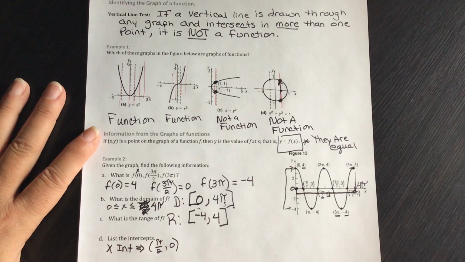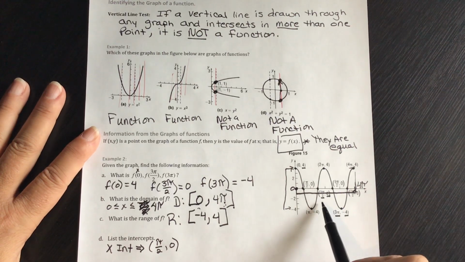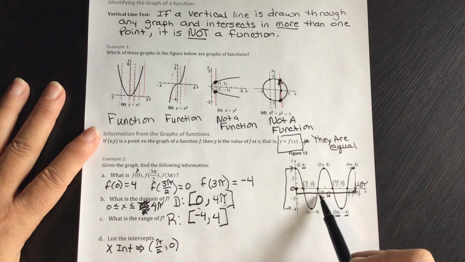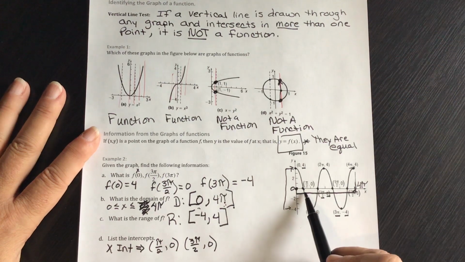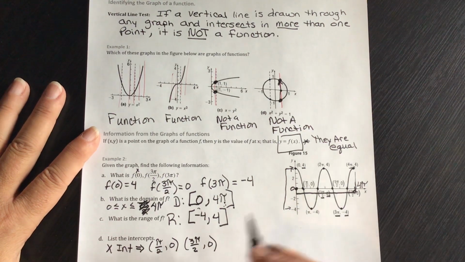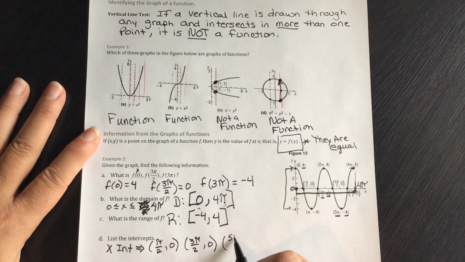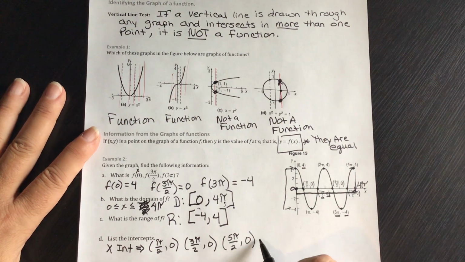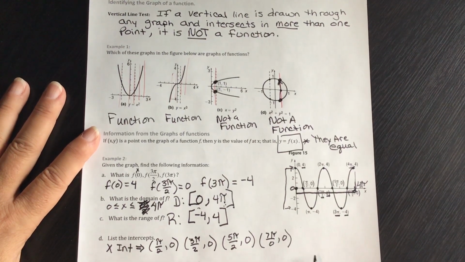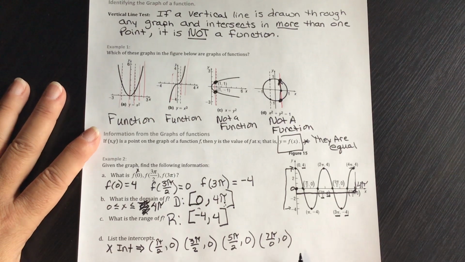I have this point right here, which is 3 pi over 2, 0. My next point is 5 pi over 2, 0. And my next and last point is 7 pi over 2, and the y-coordinate is 0. These are the points that intersect the x-axis.